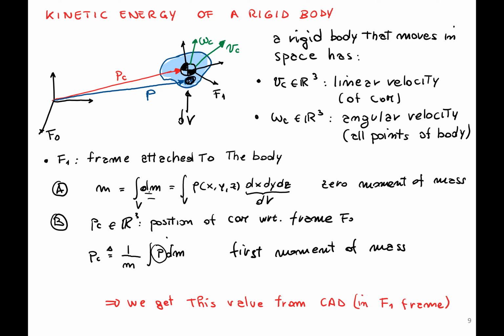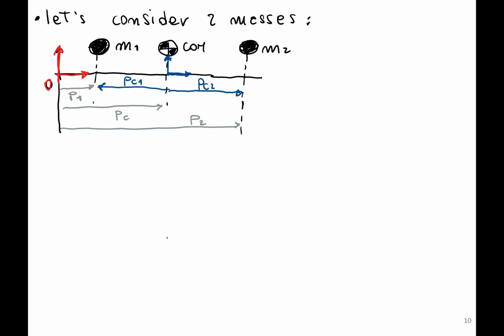Usually we extract it from the CAD model, and usually this COM position is given in the link frame or in the COM frame. So it could be in either. We will see that later. To compute the position of the center of mass in an inertial frame, we need to use the homogeneous transforms that we saw in the kinematics lectures.